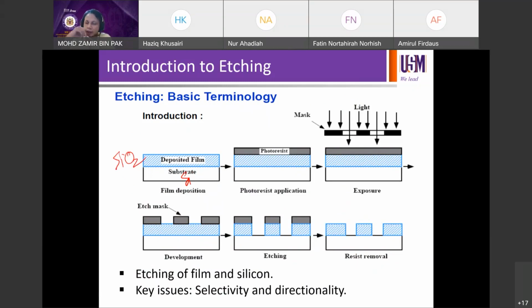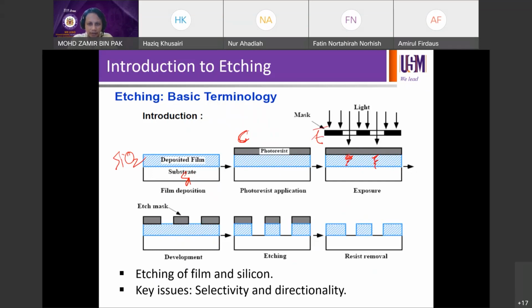It'll just serve as an intermediate step for patterning of other layers beneath. So then you spin coat resist on the silicon dioxide, and then you go for exposure. These areas are exposed.